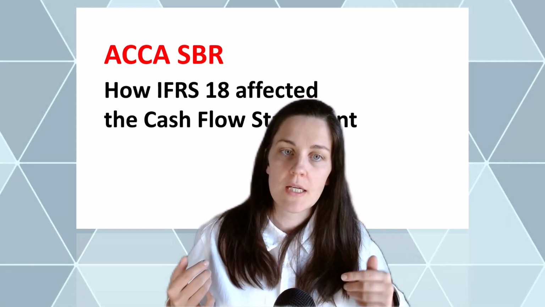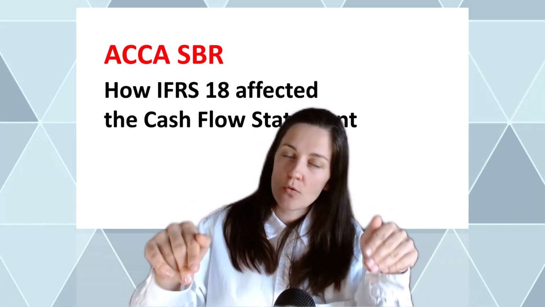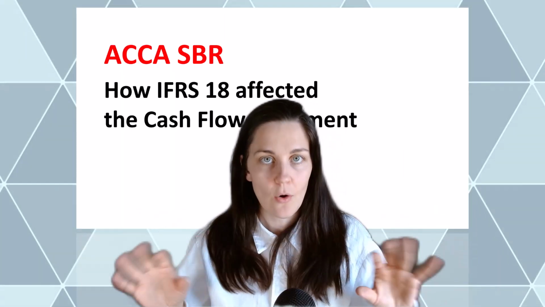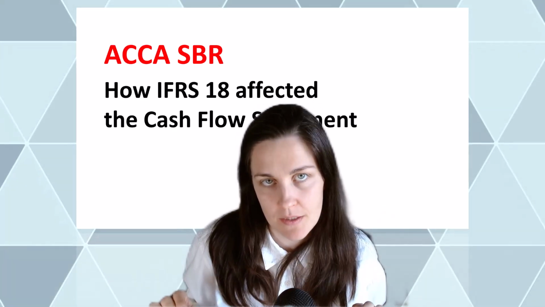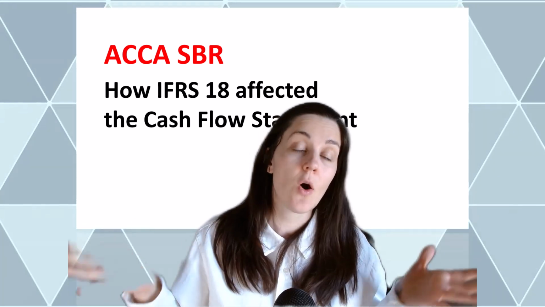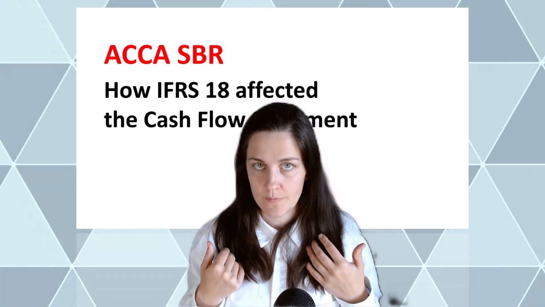As for interest, as for dividends received or paid, now they have prescribed categories. Before, any of these lines could be in any part of the cash flow statement. And many companies would put interest paid in operating cash flows or even dividends paid in operating cash flows.